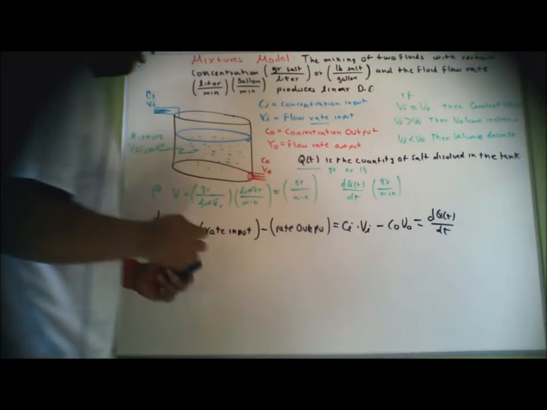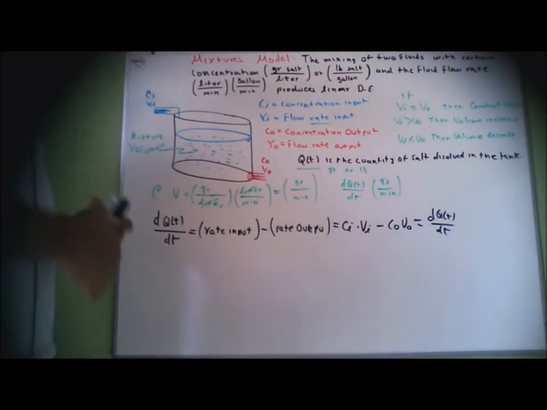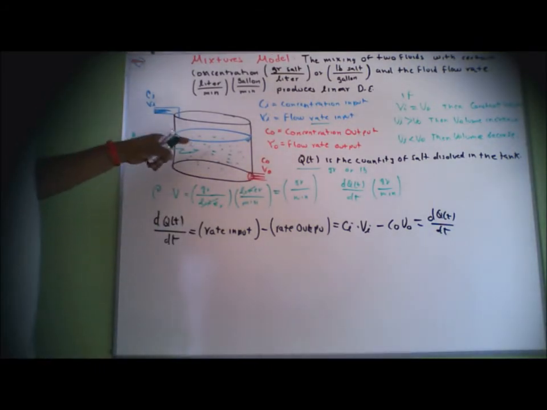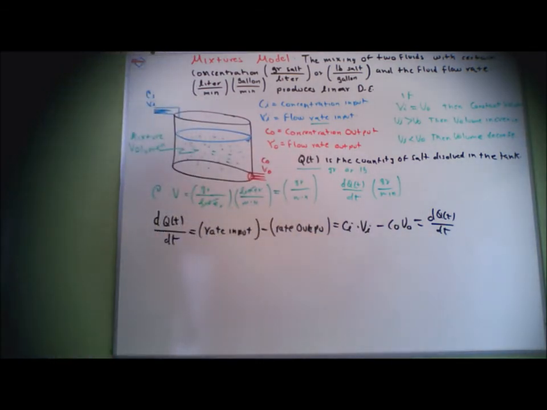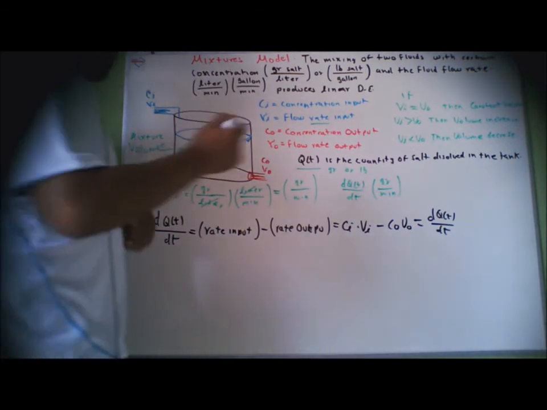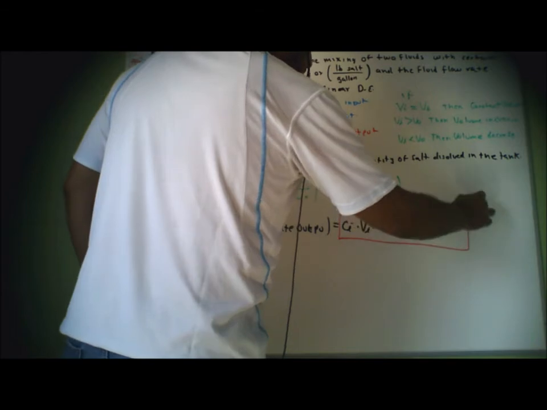Now remember that we are trying to measure how the quantity of salt or sugar is dissolved in the tank. But here we have the rate, so we have the derivative. So this is actually the differential equation.